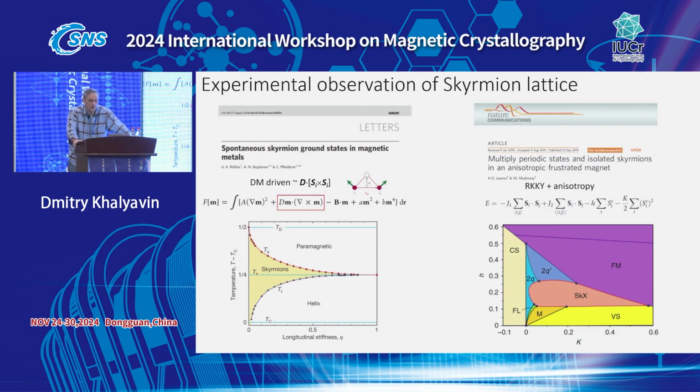The work by Mostovoy and Leonov showed that frustrated magnetic interactions and the right value of single ion anisotropy can also stabilize these objects in centrosymmetric crystals.